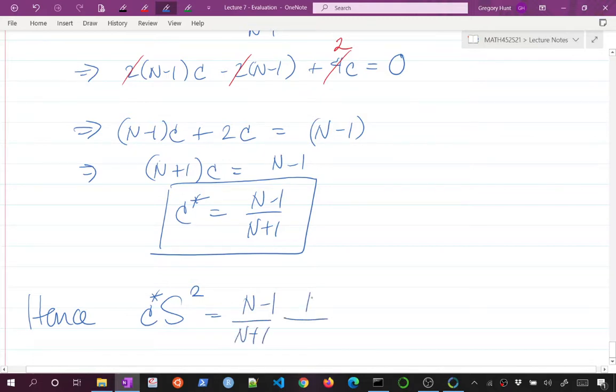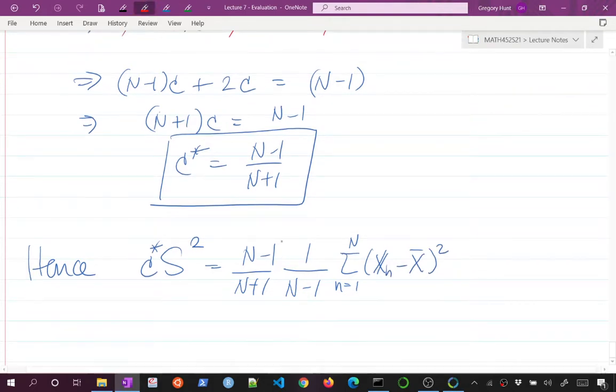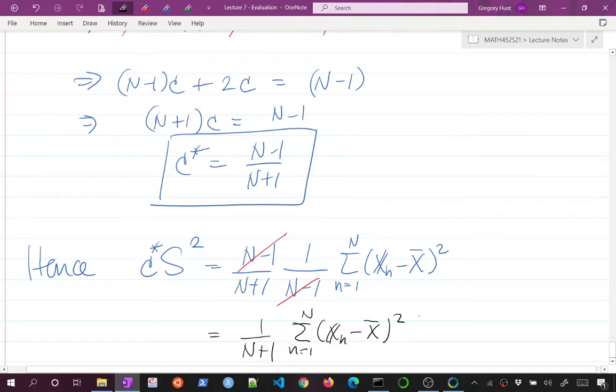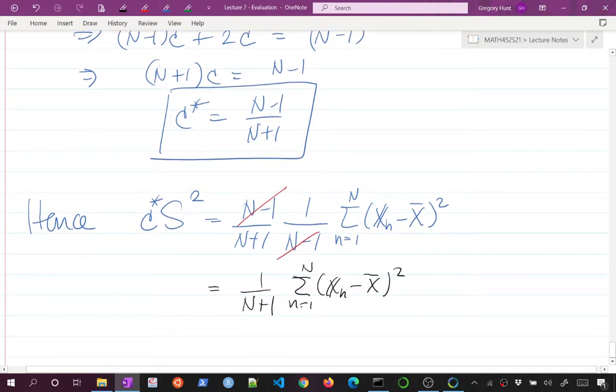And then we multiply by whatever s squared is. So this was right out of the formula for s squared, right? And my n minus 1s cancel, which is super cute. And what I'm left with is 1 over n plus 1 times the sum of the deviations squared.